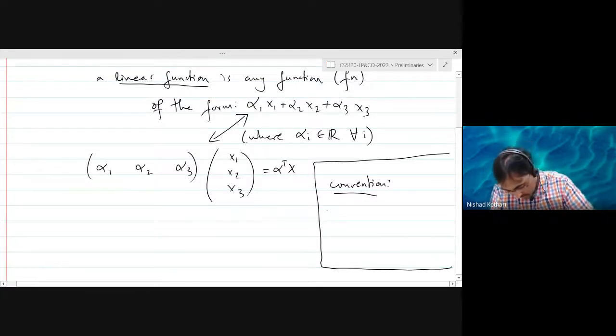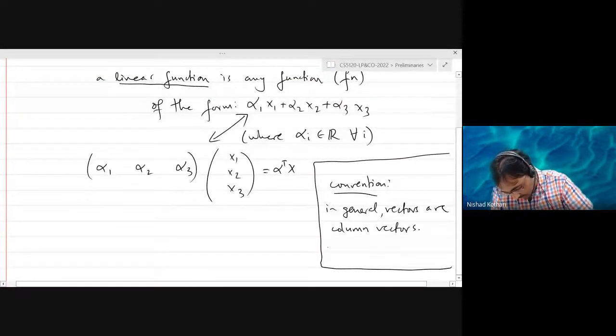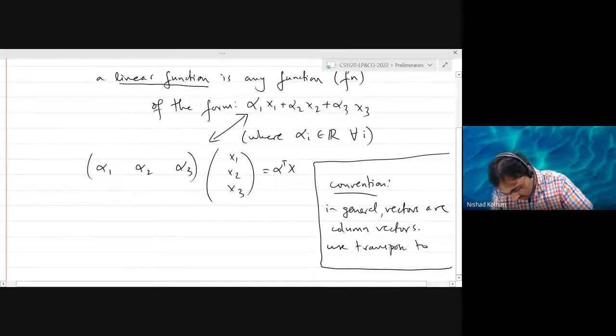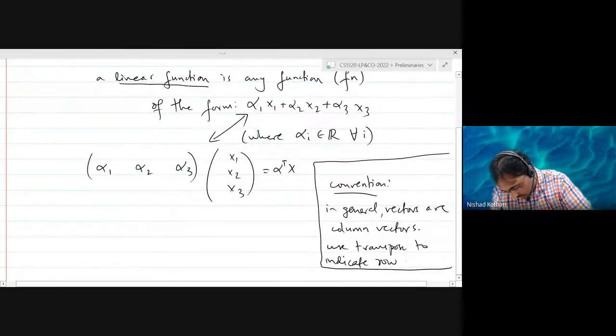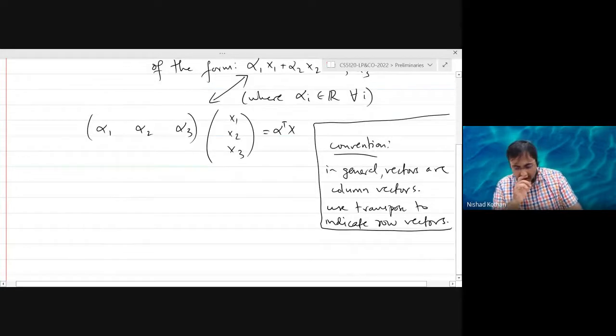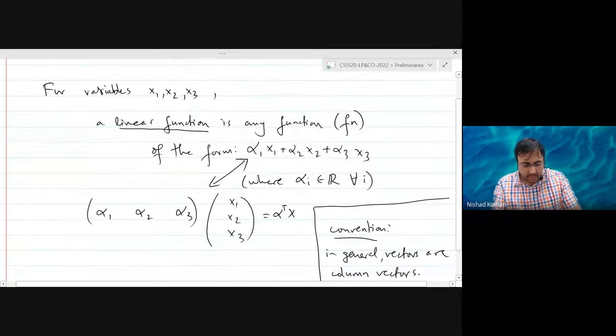So in general, the vectors are going to be column vectors, and we use transpose. Okay. Good.